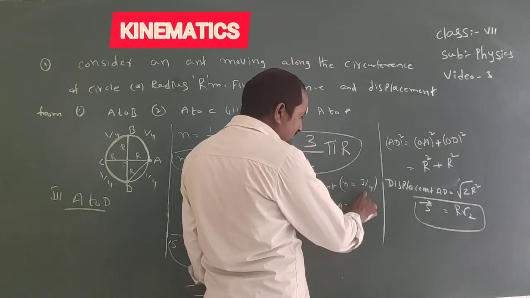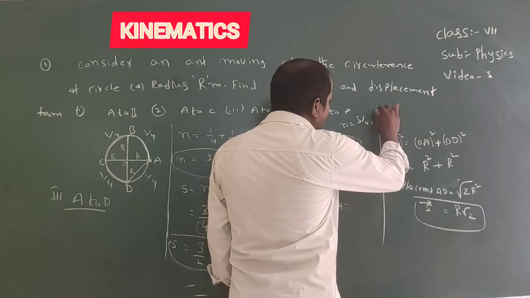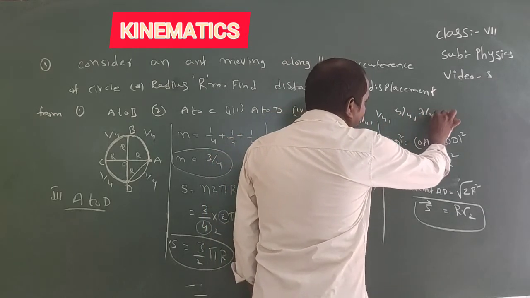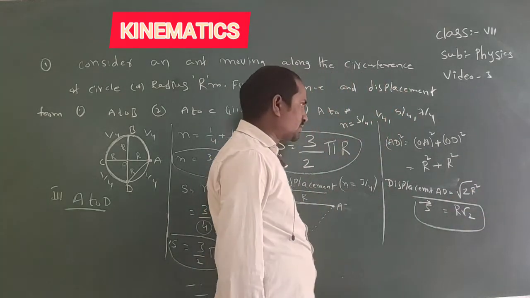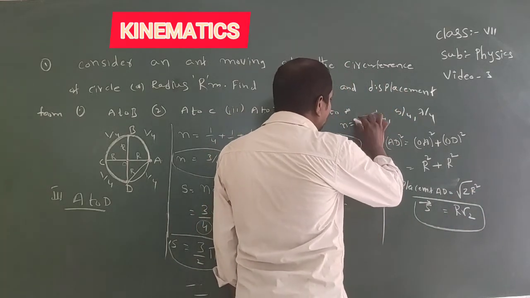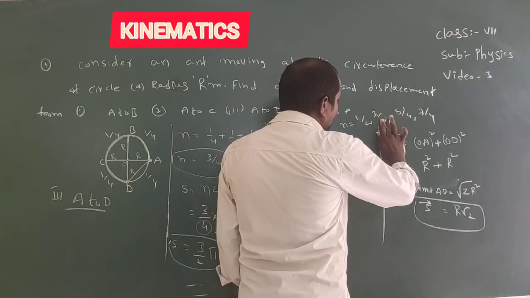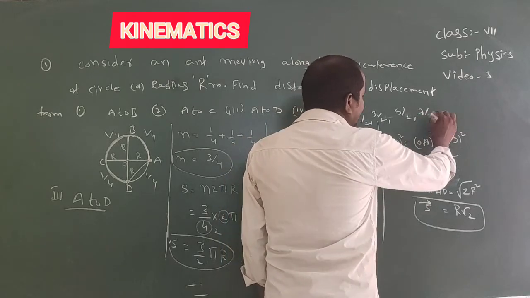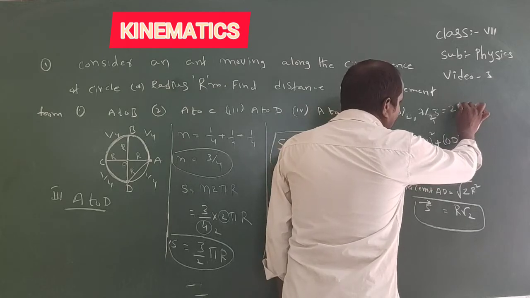If n equals 3 by 4 or 1 by 4, 5 by 4 or 7 by 4, displacement is r into root 2. If n equals 1 by 2 or 3 by 2 or 5 by 2 or 7 by 2, displacement S bar equals 2 into r.